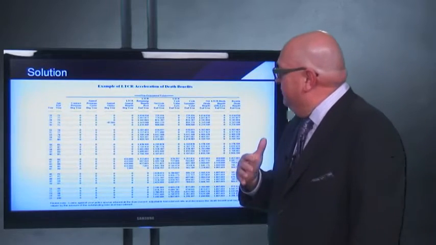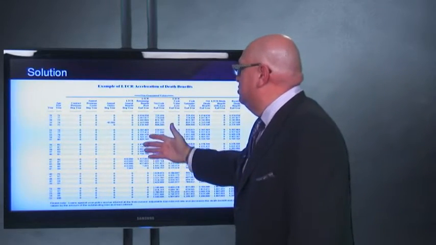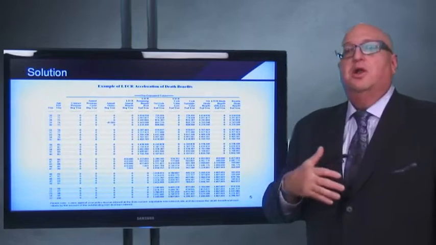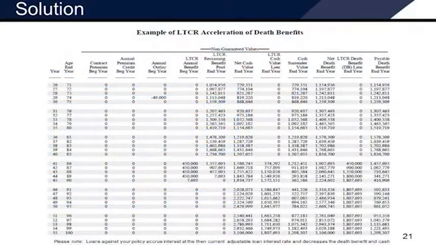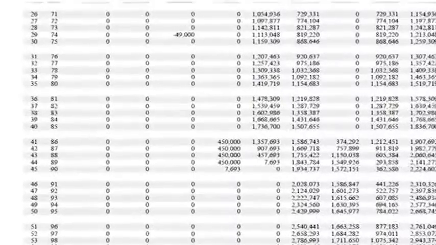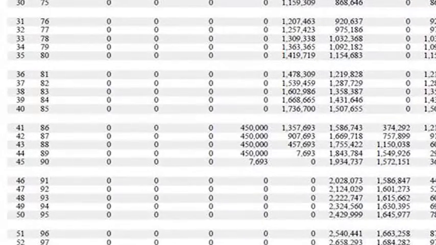And now what we've done, we also wanted to illustrate the effect of the policy on a long-term care claim. So now at age 86, we're showing the effect of withdrawing about $1.8 million out of the policy while you're alive to pay for long-term care. As you can see here, at age 86 through 89, we're withdrawing 4 payments of $450,000.